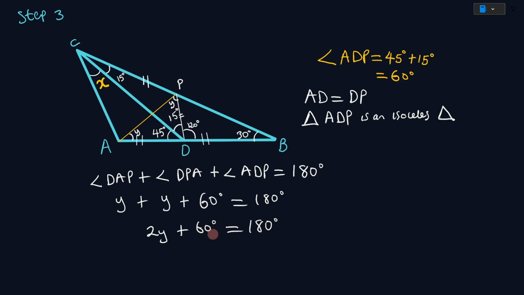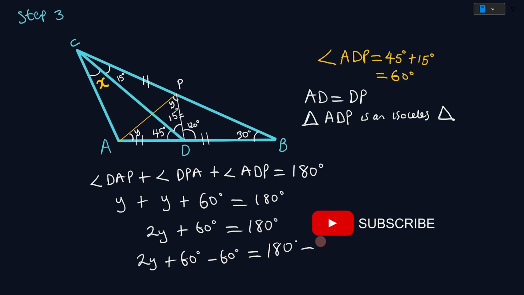If we subtract 60 from both sides, it will be 2y plus 60 degrees minus 60 degrees equal to 180 degrees minus 60 degrees. Here 60 will cancel out because 60 minus 60 is 0. That will make 2y equal to 180 degrees minus 60 degrees, which gives us 120 degrees.